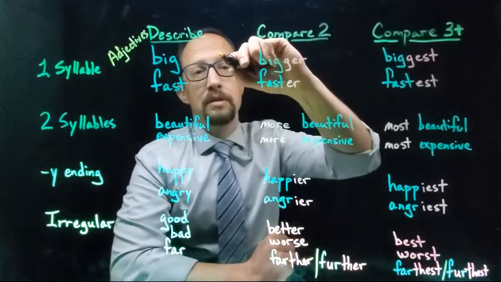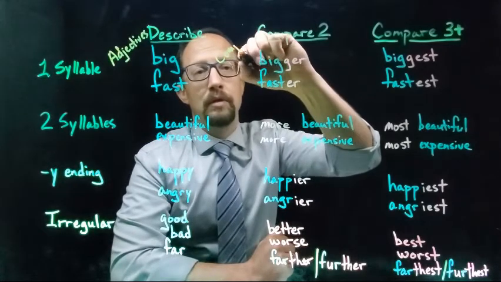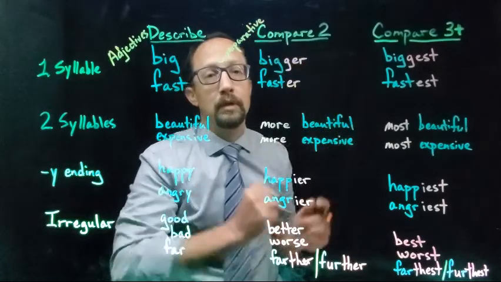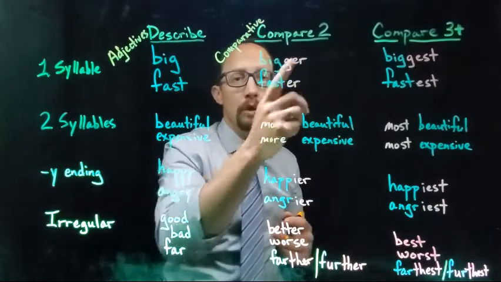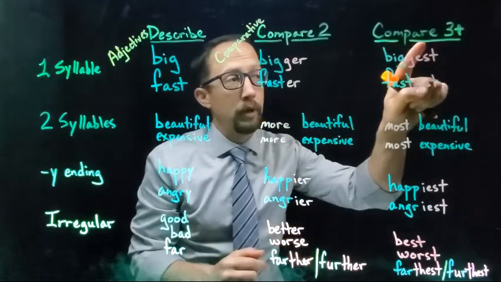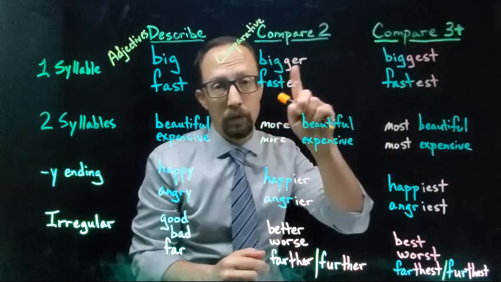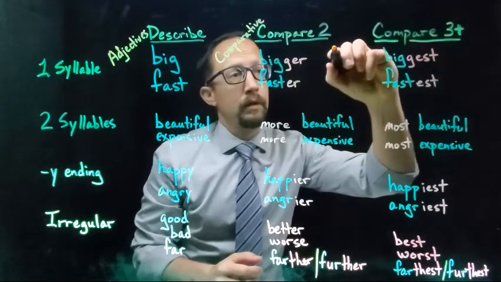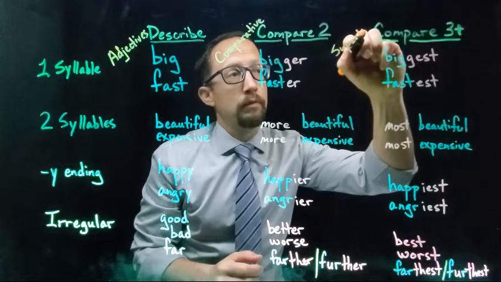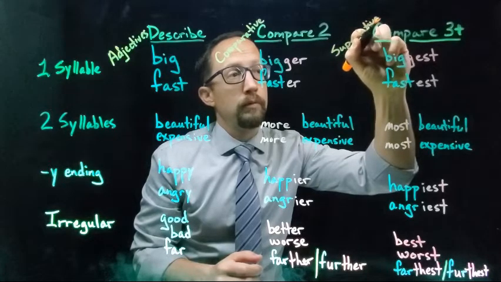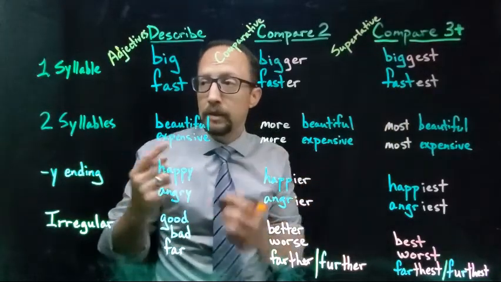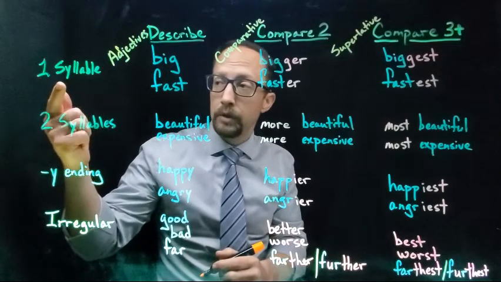We call this the comparative, when it is just two things. When we compare three or more, it is called the superlative. Okay? So let's see how words change.